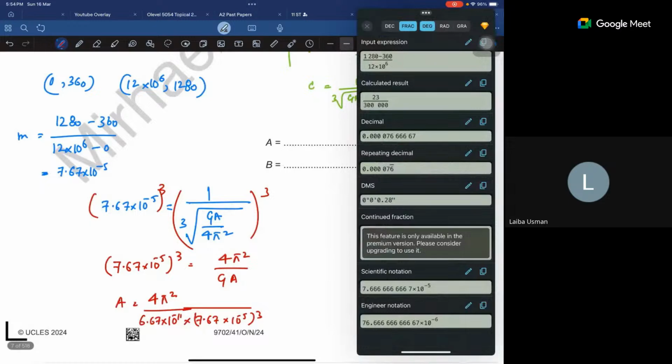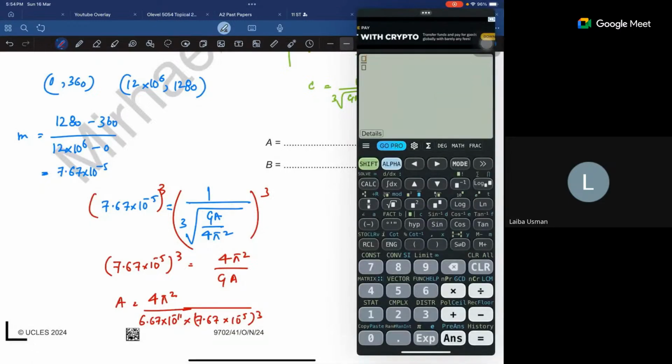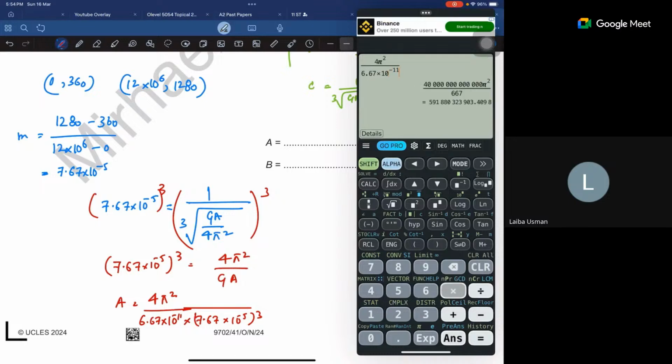Now, here, my buddies, just really quickly, because we have spent a lot of time already on this question. So 4π² divided by 6.67 into 10 raised to power negative 11, multiplied by 7.67 multiplied by 10 raised to power minus 5, cubed.